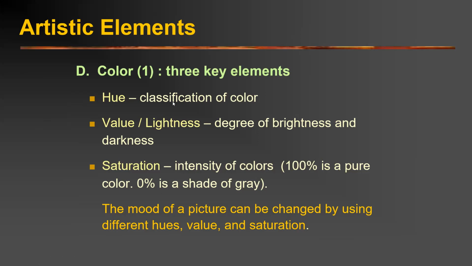We have hue, classification of color, and then value, lightness, degree of brightness and darkness, that is what they call value, and saturation, intensity of color, 100% color or 0% shade. Halimbawa, saturation, kung sobrang blue ba yan or light blue, so on.